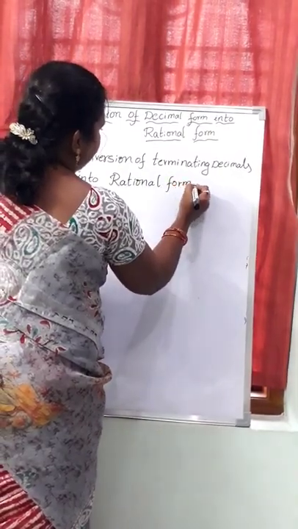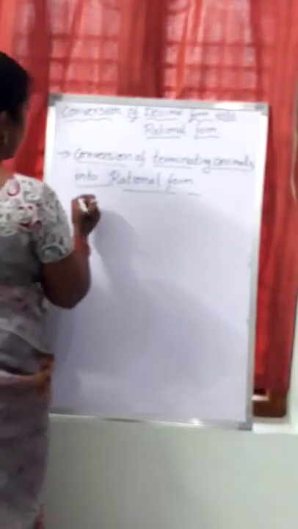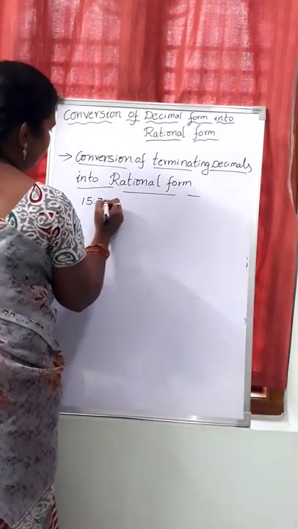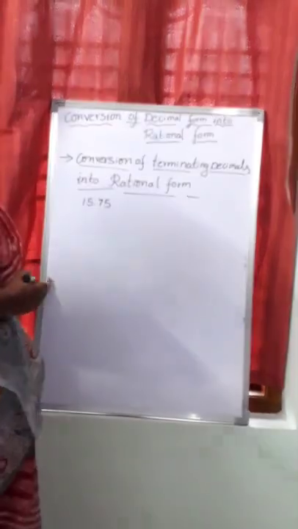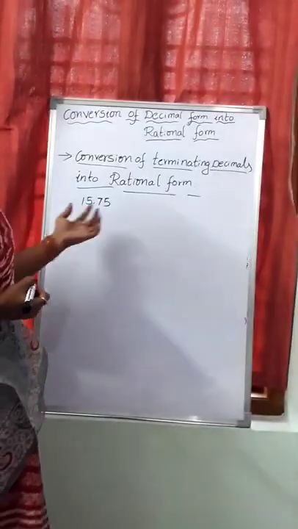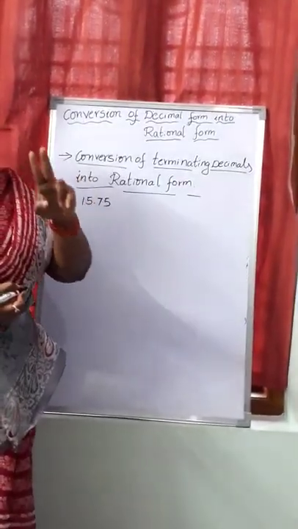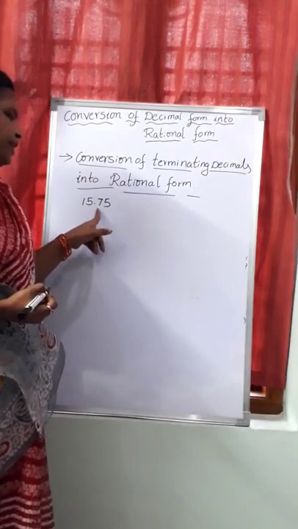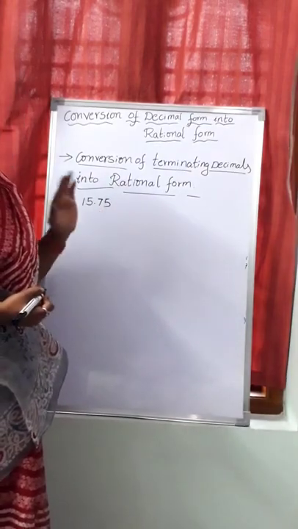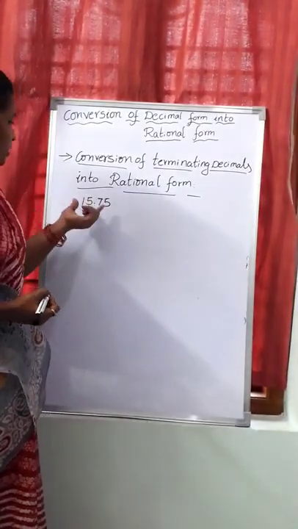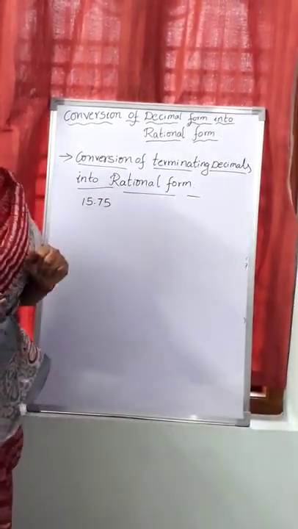Let us take one example. Consider the decimal number 15.75. By observing this, we can say that only two digits are there in the decimal place, and it has a finite number of digits, so it is a terminating decimal. Now let us see how to convert this terminating decimal into the rational form.